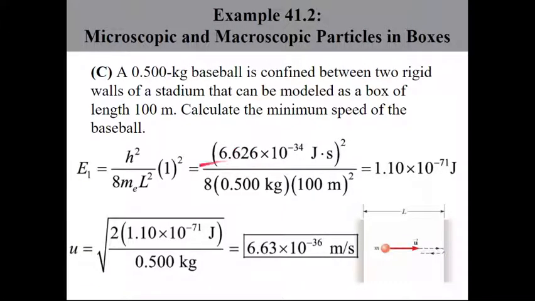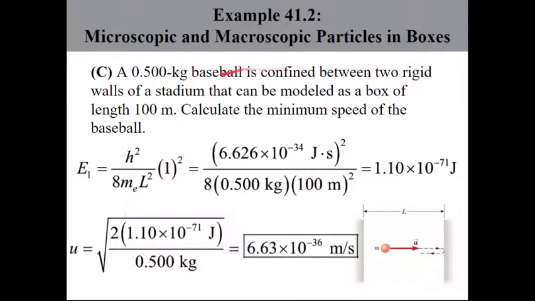And while you're at it, you can actually find what the ground state energy is for a baseball, as well as its minimum speed. Basically, with the idea that any particle, any system can't be at rest, it always has a minimum kinetic energy.